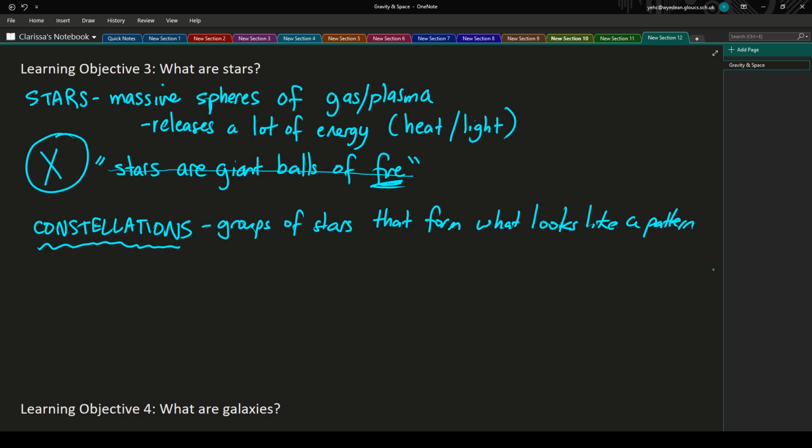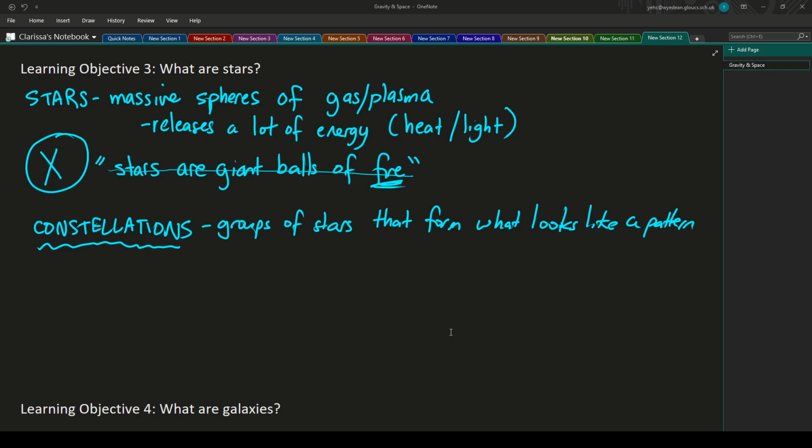And then you just keep going towards that. So that's sort of what people use constellations for. In terms of actual physics, the constellations don't actually mean anything. They're not actually a group of stars that have any real link. It's just that back in the day, the pattern was created.